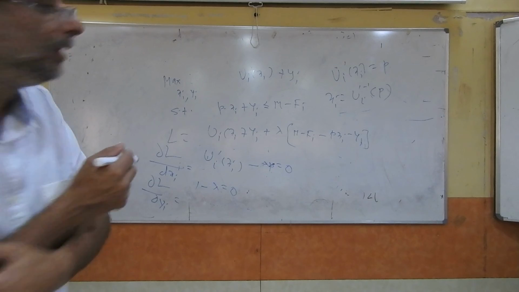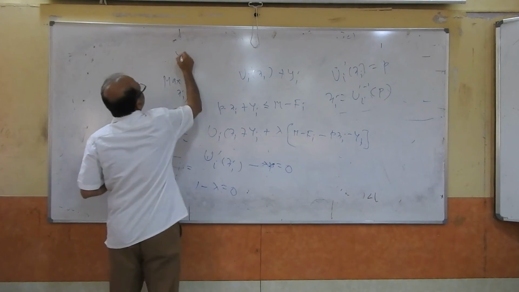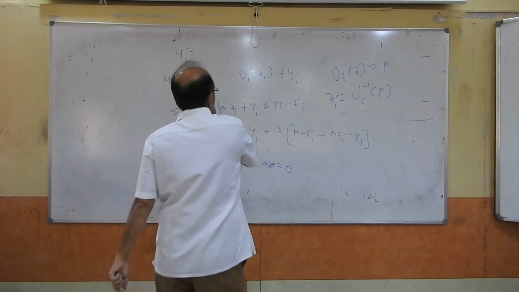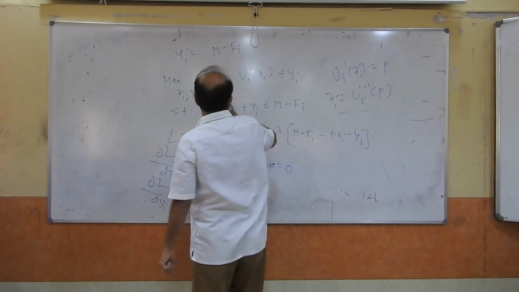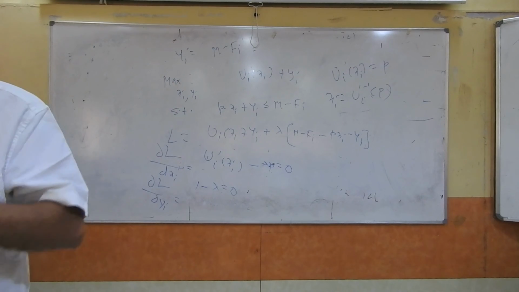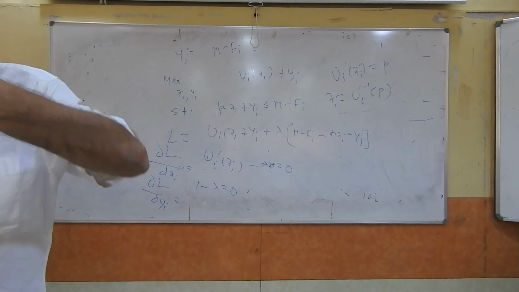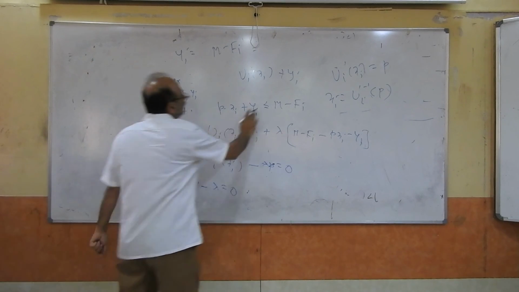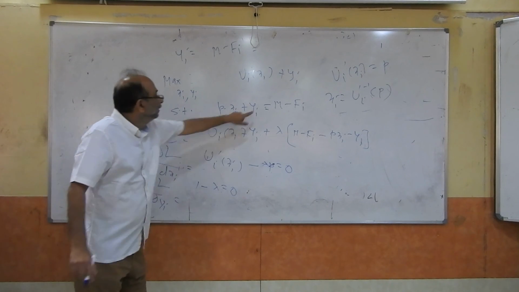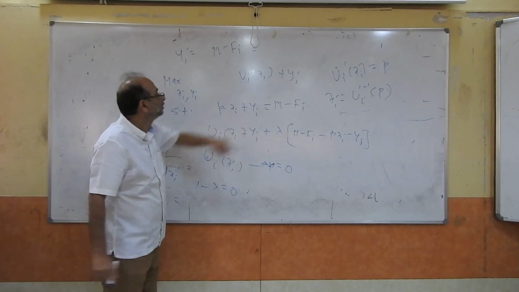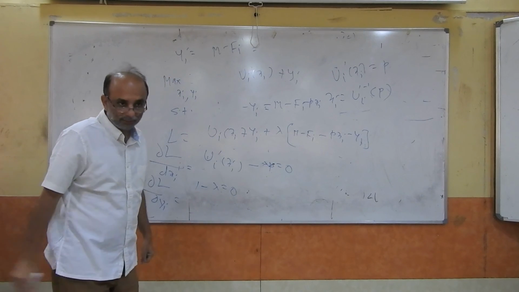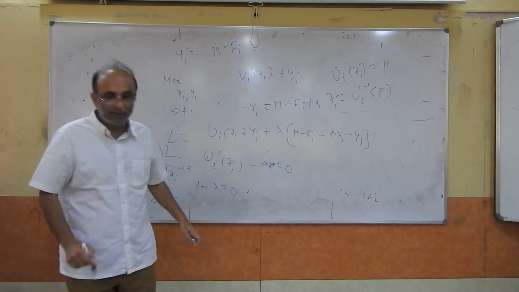So what will be the value of yi? So yi must be equal to m minus fi. See, lambda is equal to 1. If lambda is equal to 1, the constraint must be satisfied with equality. So in equilibrium the constraint is satisfied with equality, from which it follows that yi is equal to m minus fi minus p of xi.